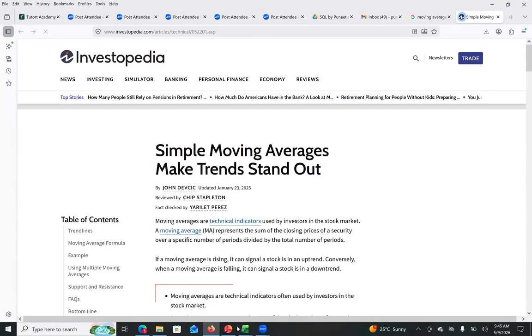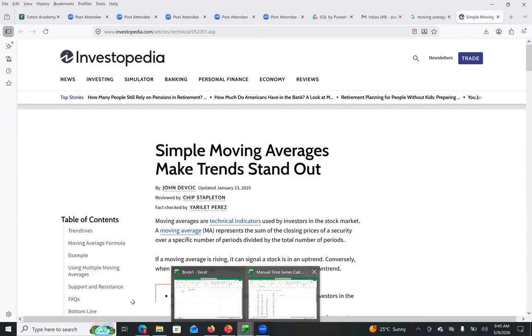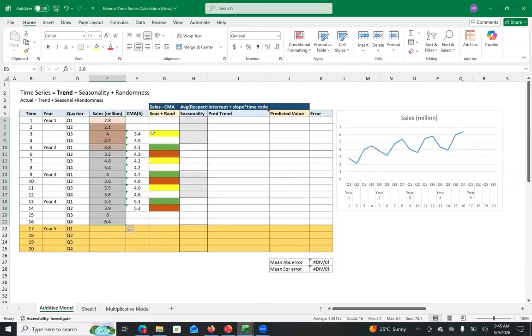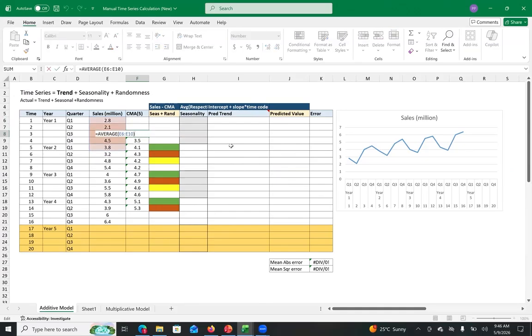Okay, now I'll go here and calculate this, right? Two values from the past, two values from the future, and one is a current value. So total five values I'm taking, and I'm taking an average of it. That is my trend component. This is my trend component.